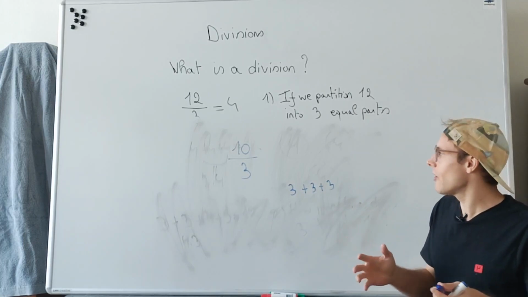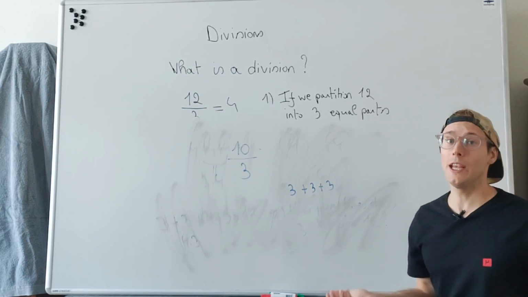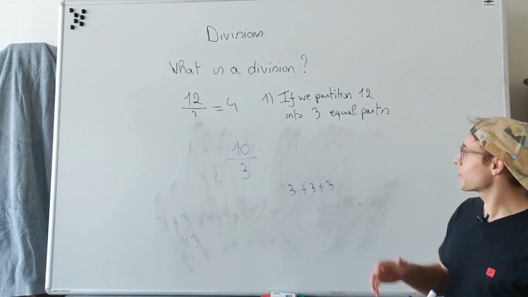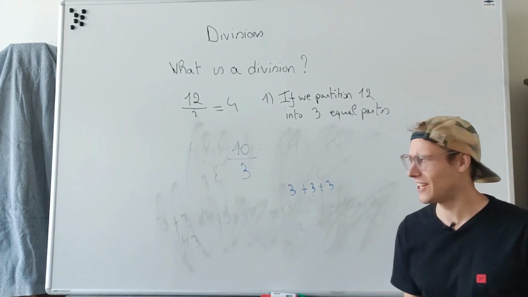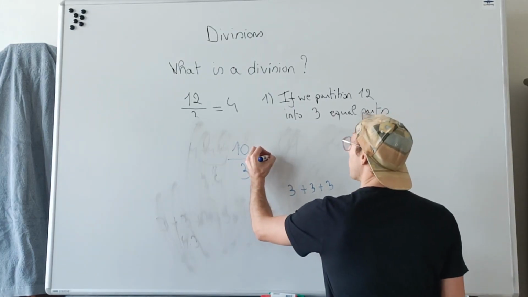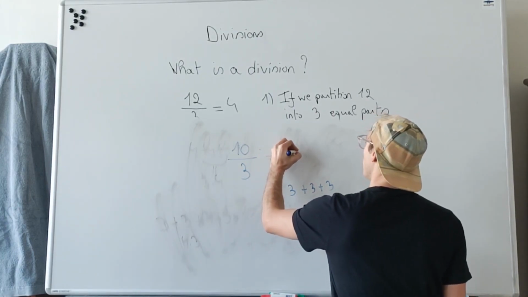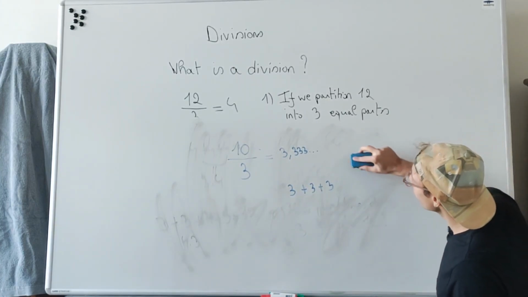It just says, okay, this is the amount that if we divide 10 into 3 equal parts, that's what we get. Or how many times does 3 fit into 10? Well, that's 10 divided by 3. Of course, if you know about decimal numbers, you can write this as 3.333 and so on and so on. But that's not what I want to focus on in this movie.